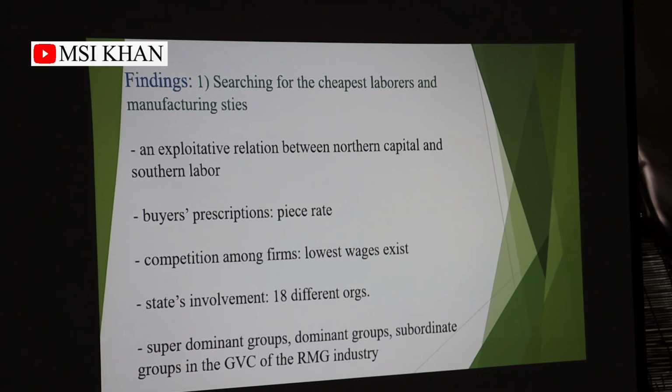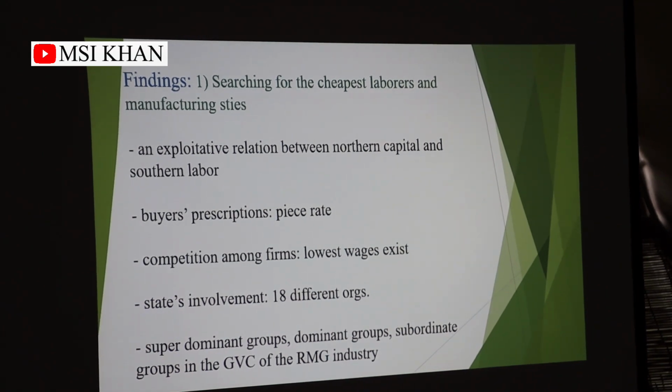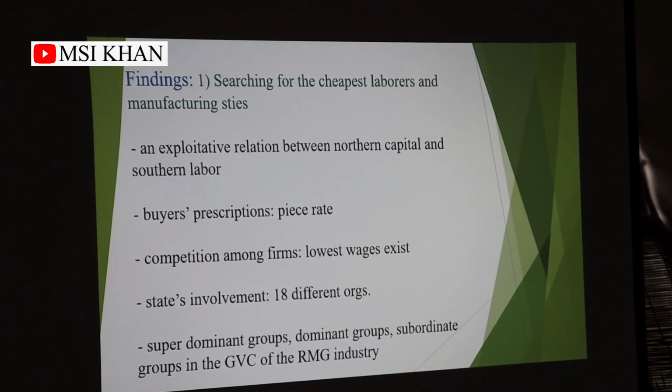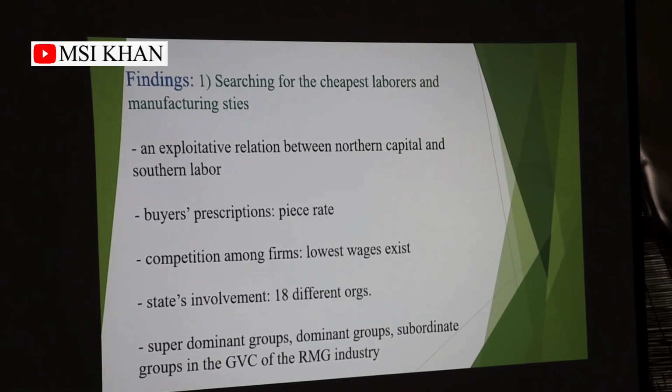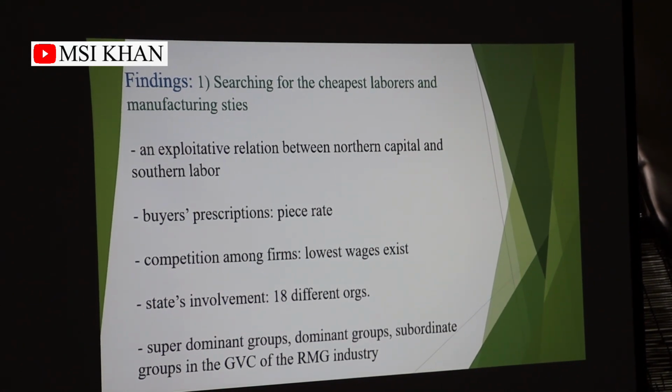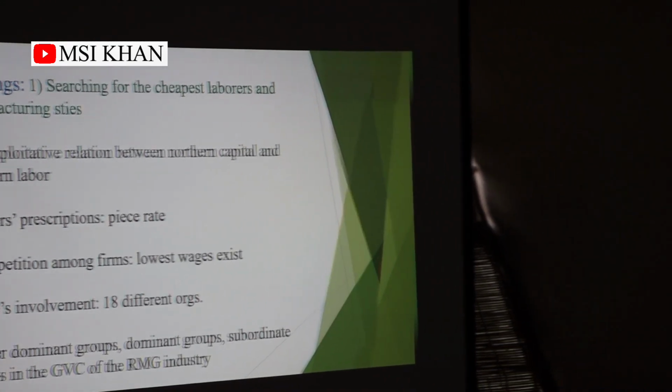These local firms are directly contributing because they are competing with one another and offering the lowest pay to the buyer. One is saying, okay, I can give you one shirt for $5. Another local firm is saying, okay, I can go for $4. Another one is saying, I can go for $2. So these local firms are directly involved in lowering the cost. This is one of the major arguments here.